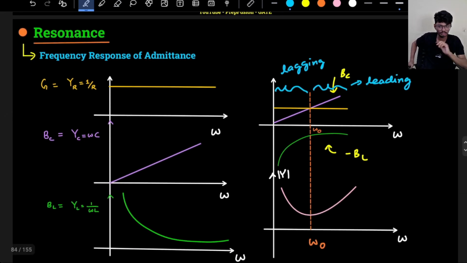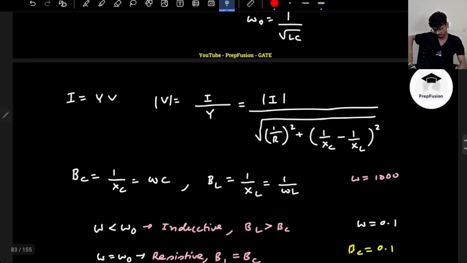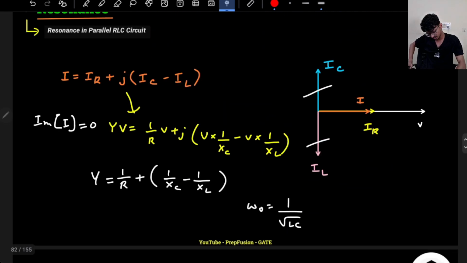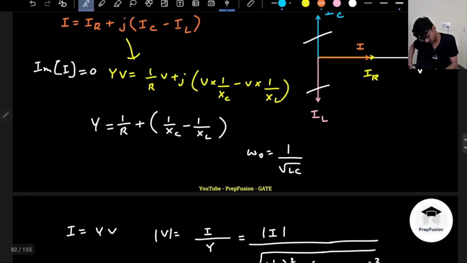Yeah, that is the important point that I wanted to specify. These are the regions, these are the graphs. I hope you understand. This is the admittance graph basically. So admittance, BL will be dominating initially, then obviously admittance will reduce to a minimum. Because if you see the admittance formula, I've written it over here. I'm really sorry, I forgot to write a G over here. So what is the magnitude of admittance?